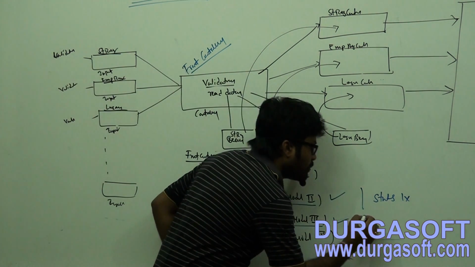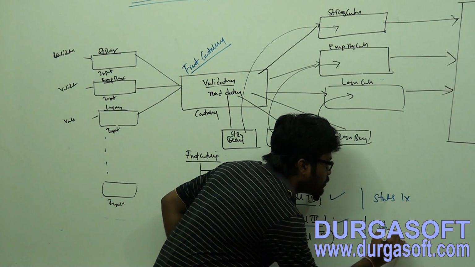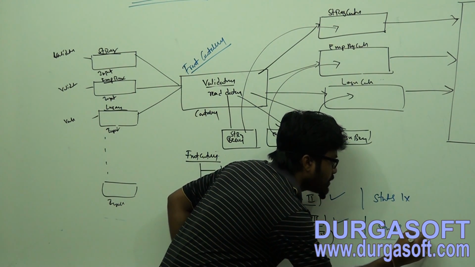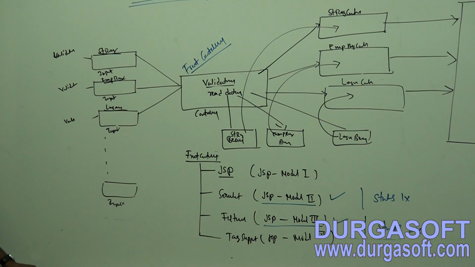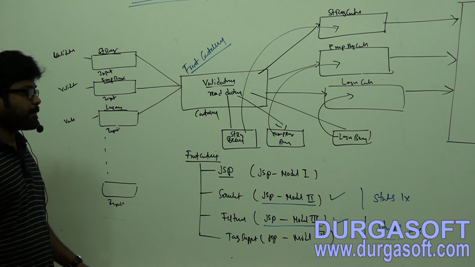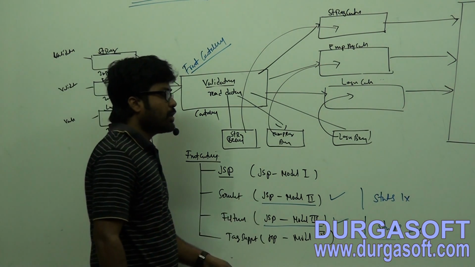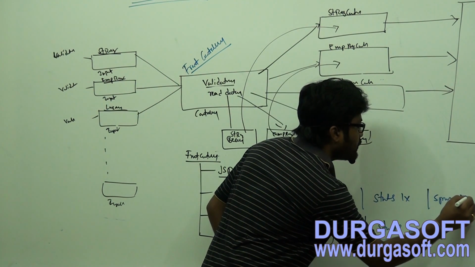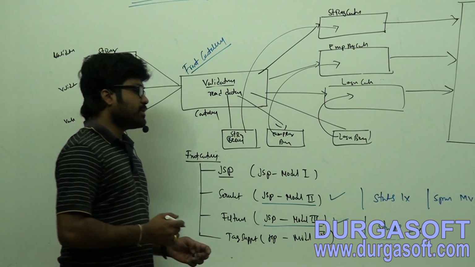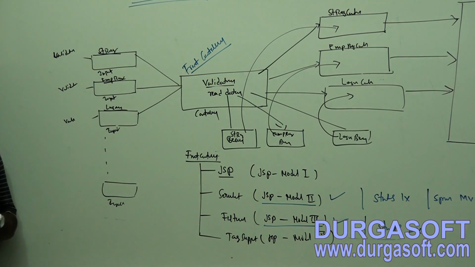The same Apache people designed one more framework, Struts 2.x. The Struts 2 framework is a type of JSP model 3 architecture framework. And by using JSP model 2, the Spring people designed Spring MVC. Spring MVC is a type of JSP model 2 architecture framework.